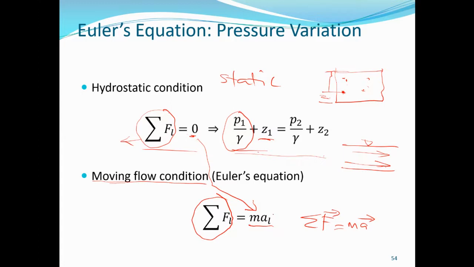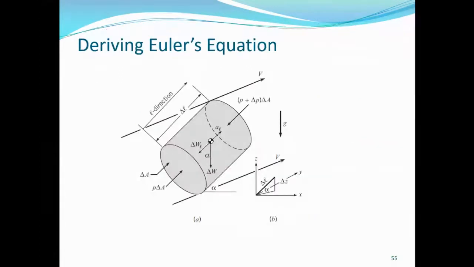In that case, it will take care of any selected direction, because when you expand it in 2D or 3D, the sum of forces will have Fx, Fy, and Fz, and acceleration also will have three components: ax, ay, and az. This we discussed before about the acceleration field. So this forms the basis of the derivation.